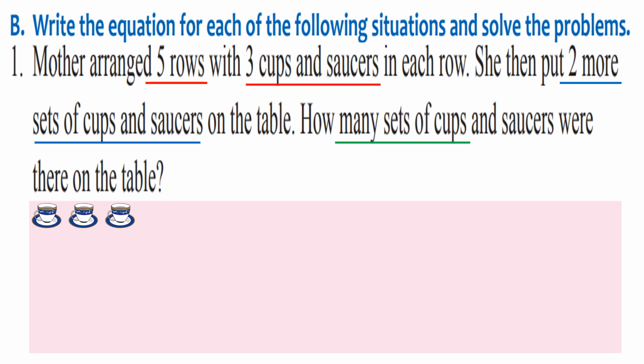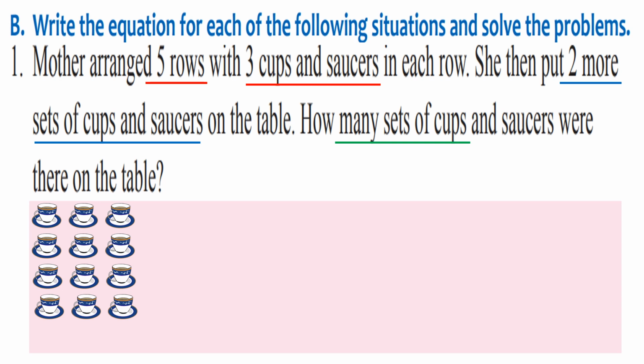And then you have first row, second row, and then third, fourth, and fifth. You have now 5 rows of cups and saucers, 3 cups and saucers each row.